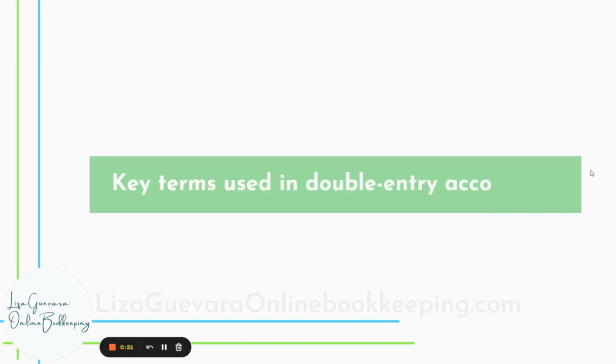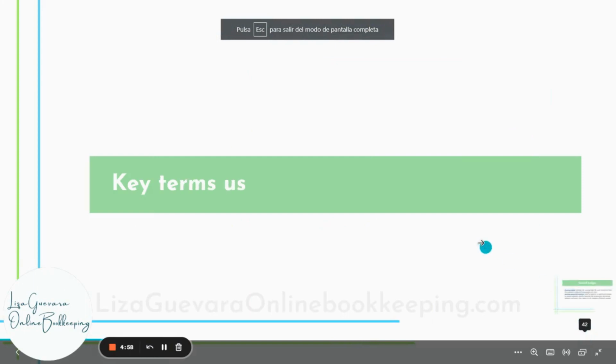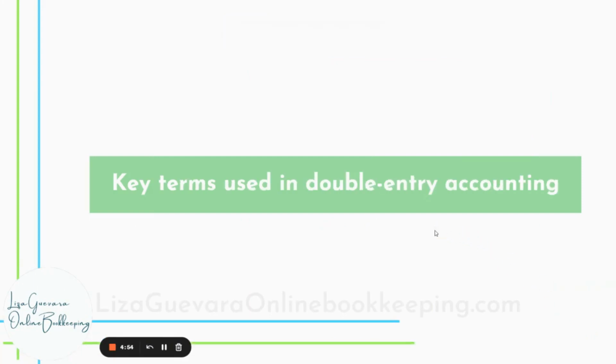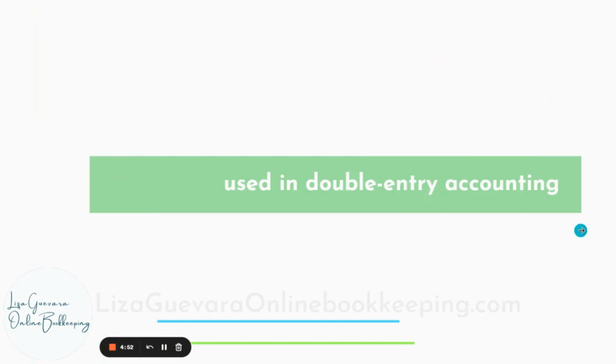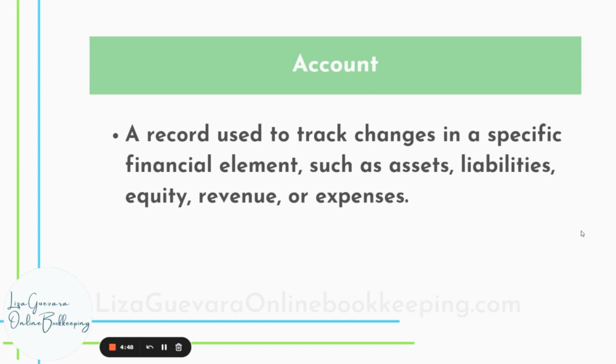So now let's go to the key terms in double entry accounting. The following are the key terms used in double entry accounting. One is the account. It is a record used to track changes in a specific financial element such as assets, liabilities, equity, revenue, or expenses.